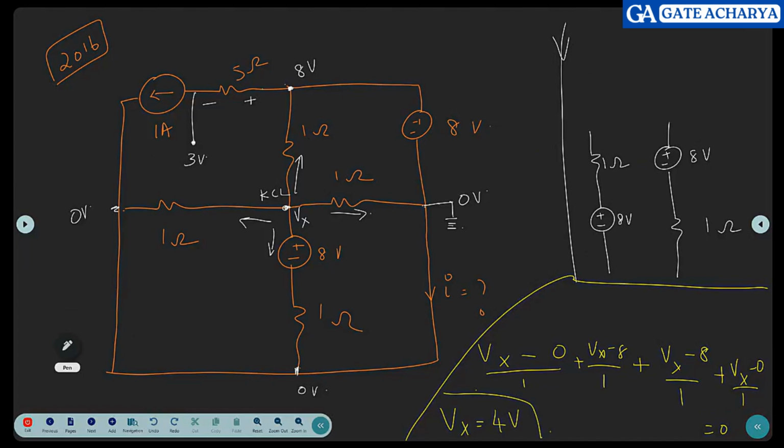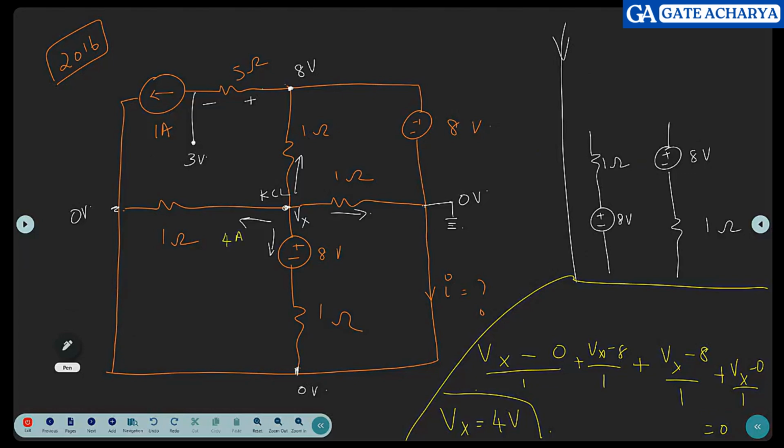You know the current through each and every branch. What is the current through each and every branch, if you can tell me? After all, the current through this is what? 1 amp is coming. What is the current through this one? 4 amps.